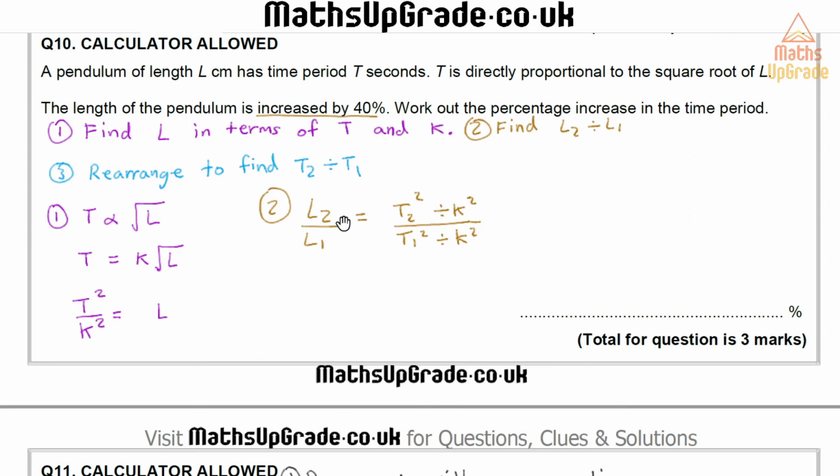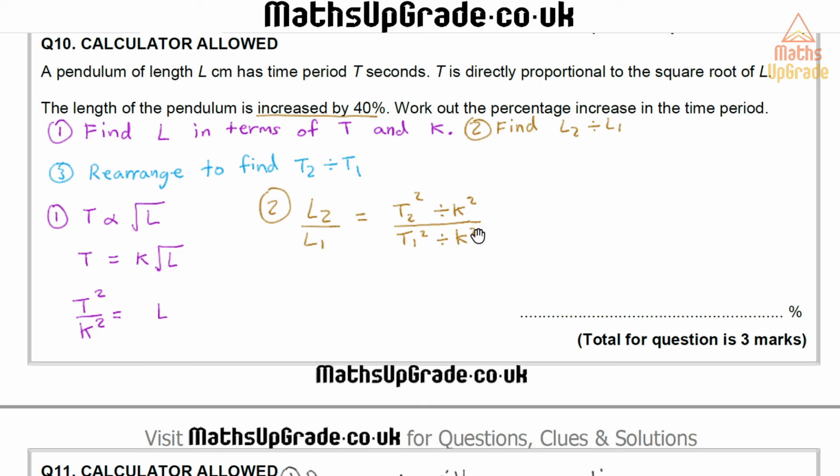So now in terms of the second length, the time period will be different, so I'll put L2 as equal to t2 squared divided by k squared, since k doesn't change, it's a constant, and L1 is t1 divided by that same constant squared.